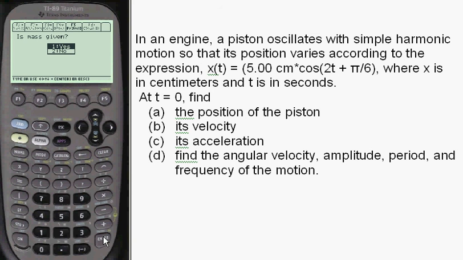Is mass given? It's not given, but right here we're going to say it is, just to show you. You can put alpha 7, and let's put in 7 pounds, okay?